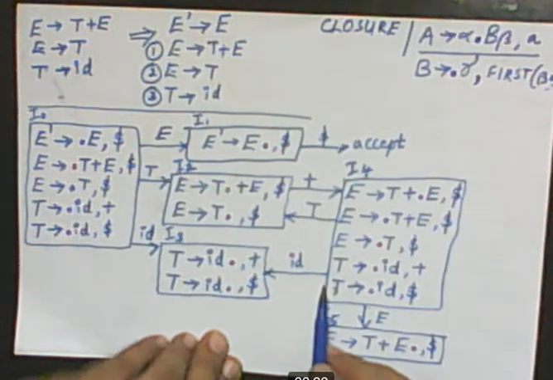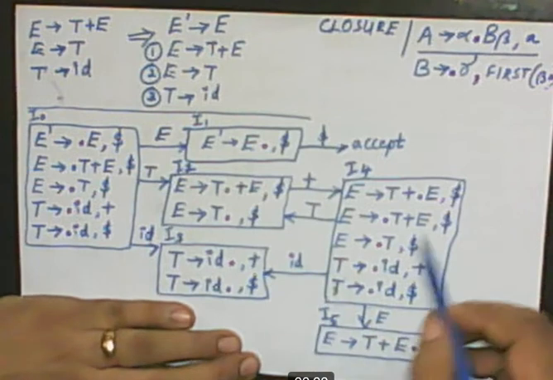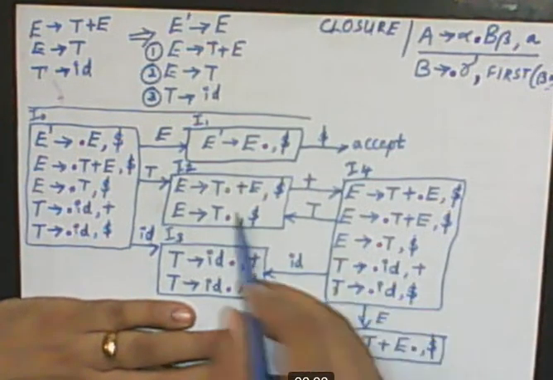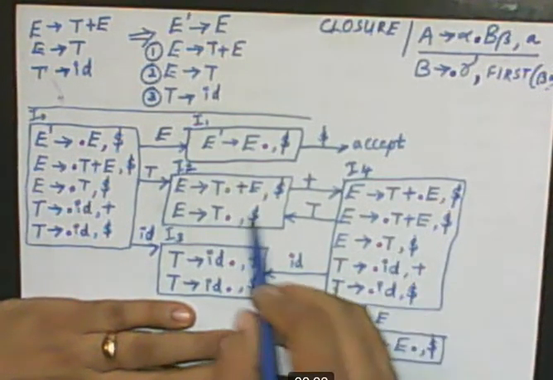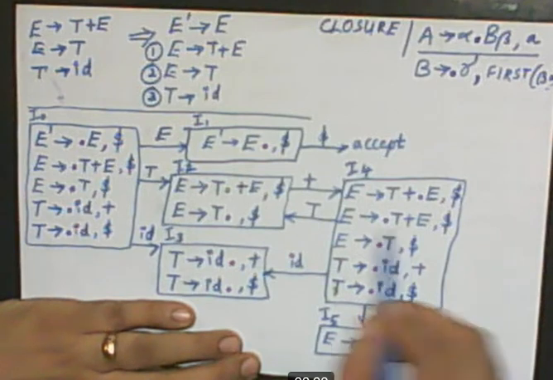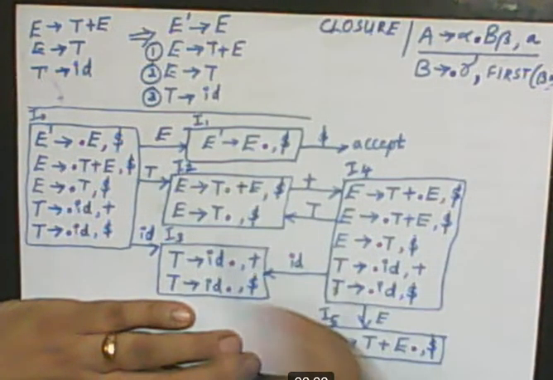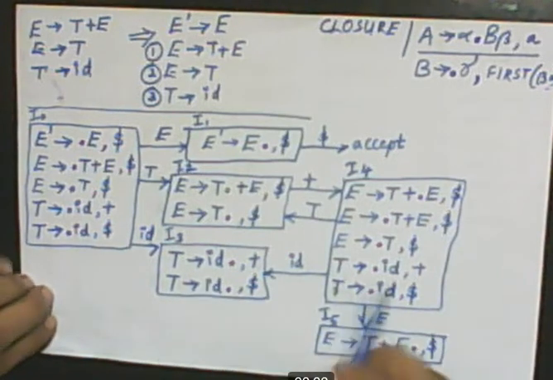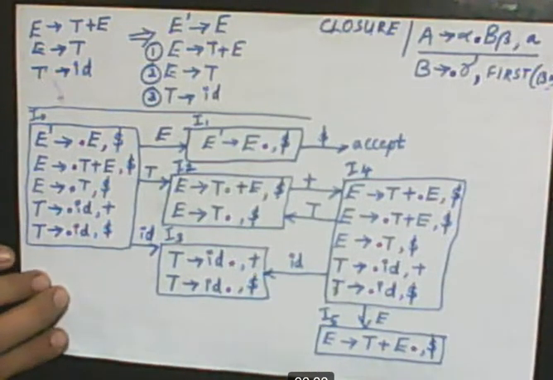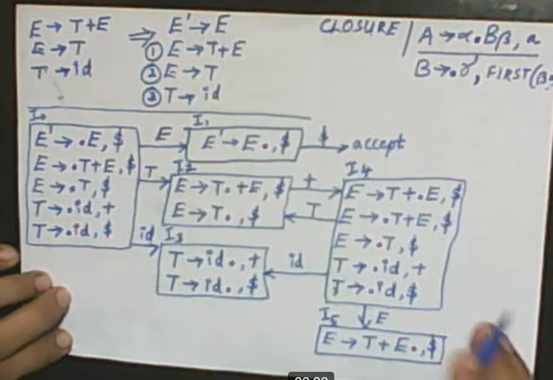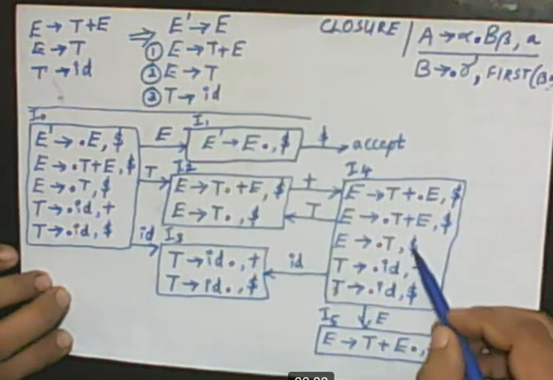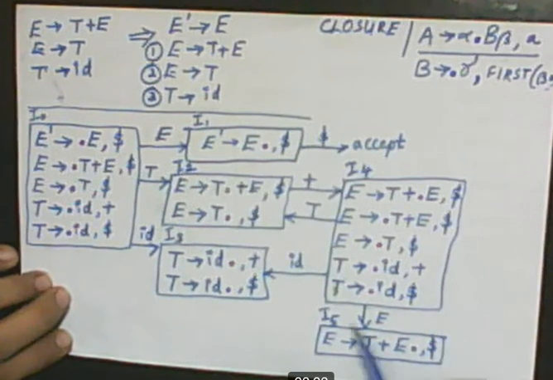So here you don't have to worry. Whatever transition happens on T on this particular I4, you get only this, so you don't have to worry. Here also for ID it is the same. But you need to be always careful about this, because since you need to consider this look ahead also, you may get a different state.